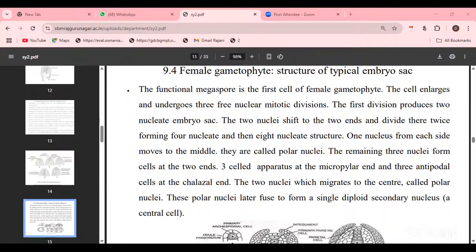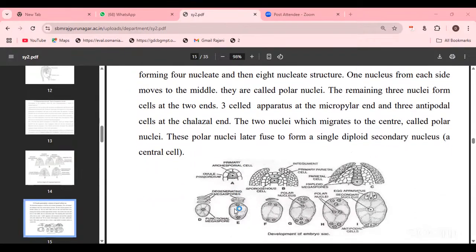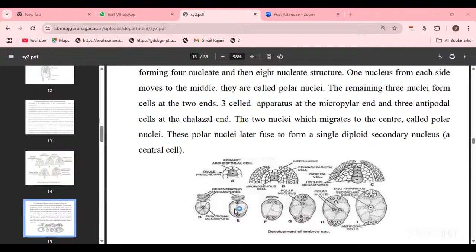One nucleus from each side moves to the middle; they are called polar nuclei. The remaining three nuclei at each end form cells: three cells at the micropylar end, the egg apparatus, and three antipodal cells at the chalazal end. The polar nuclei later fuse to form a single diploid secondary nucleus. This is the development of the embryo sac.